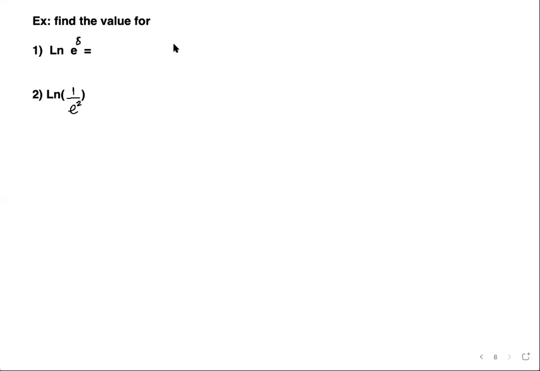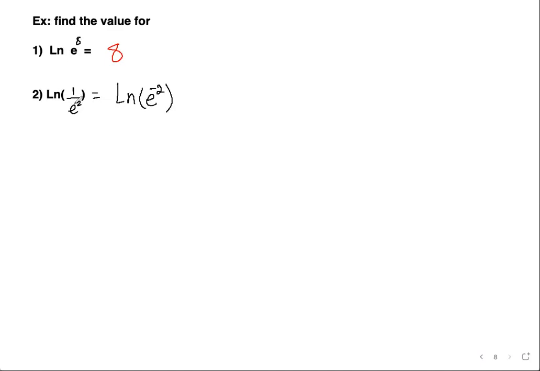For the second one, who will do the second one? This is actually equal to ln of what? Yes, Eric, correct. This is equal to ln of e to the power minus 2.